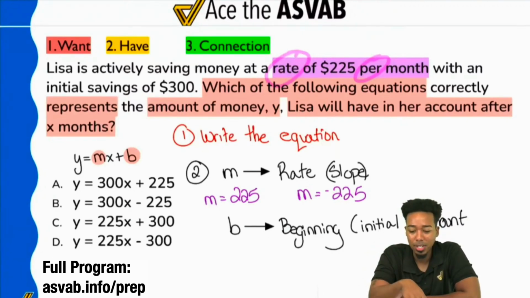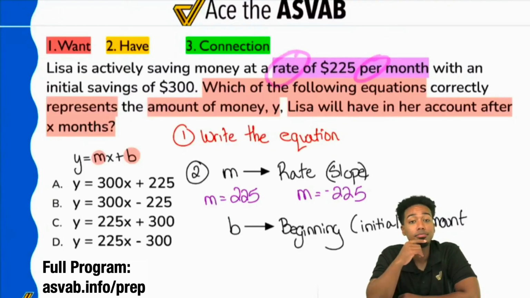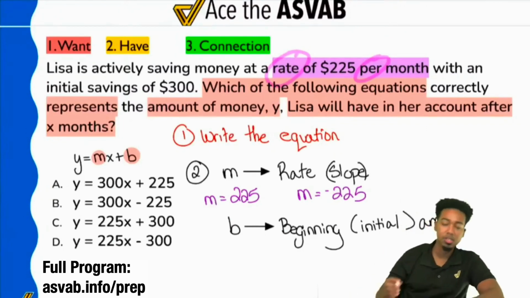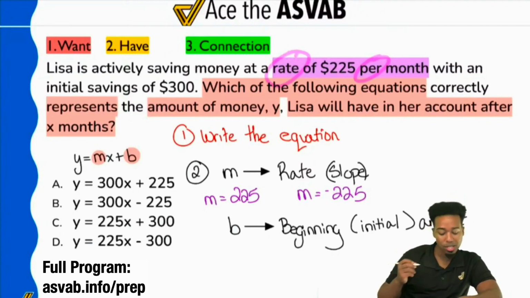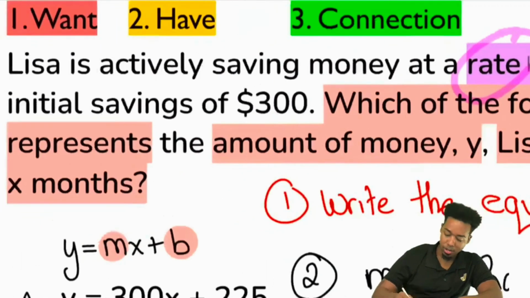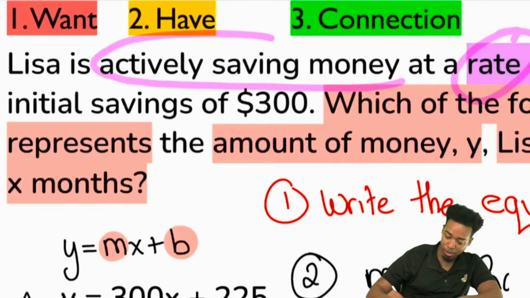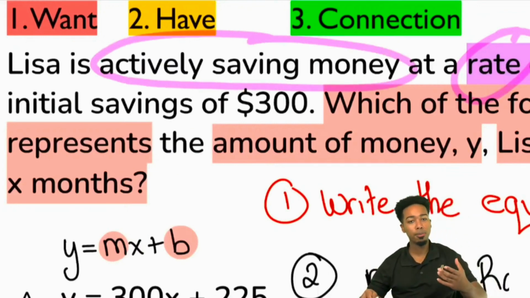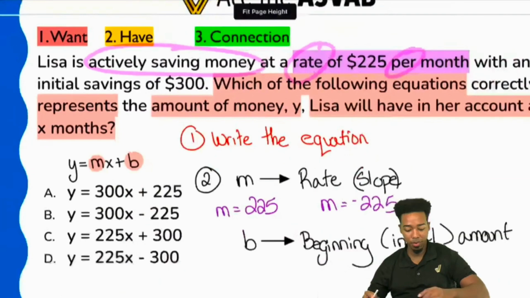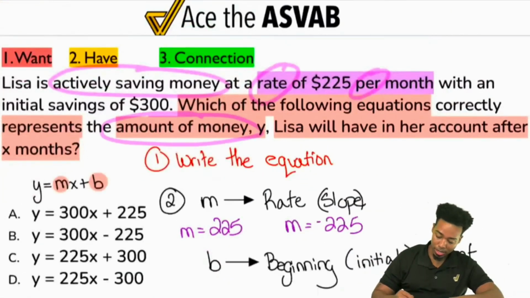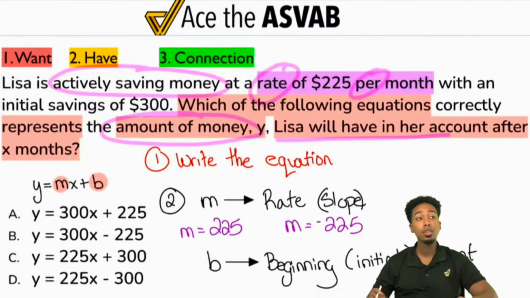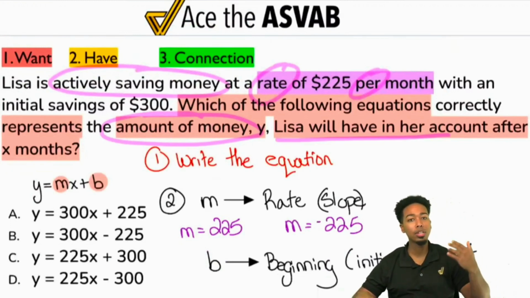You guys are saying positive because we're saving. Yeah, that makes sense because you have to connect the dots, everybody. We know that this is going to be positive because it says right here, Lisa is actively saving money. So everybody, quick question. If you're actively saving money, and this whole equation is talking about the amount of money that Lisa will have in her account, what's happening to the amount in her account?